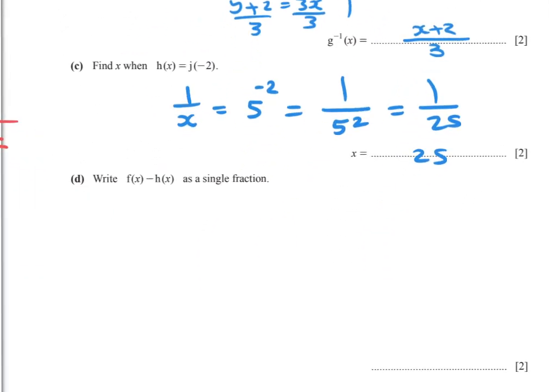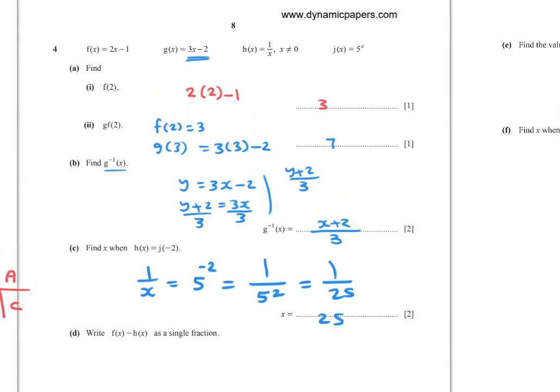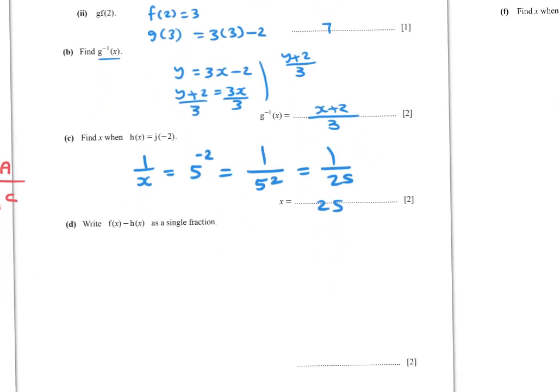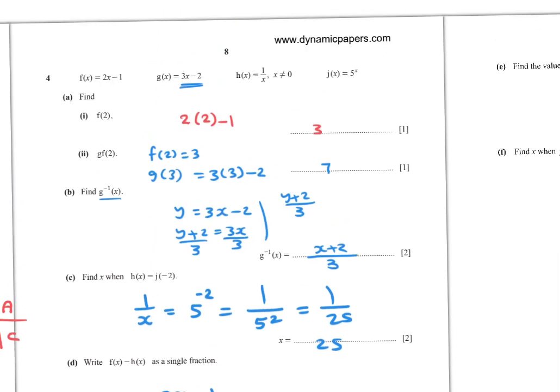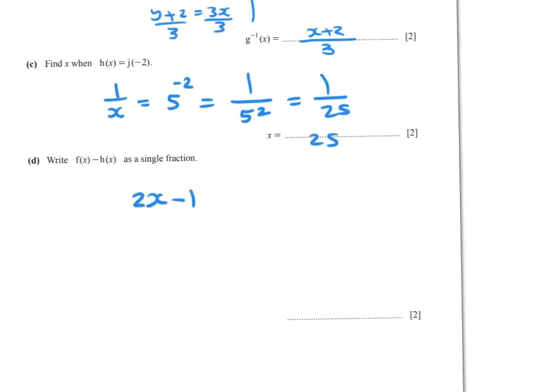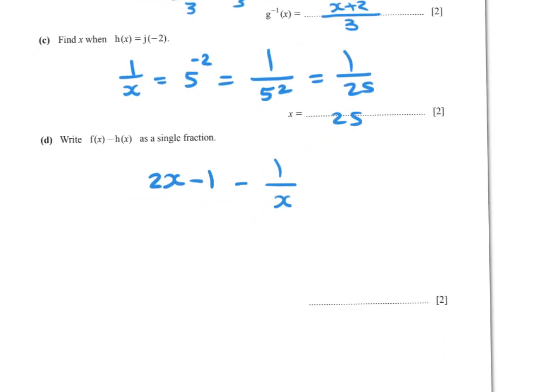Now for D, find f(x) minus h(x) as a single fraction. So f(x), which is 2x minus 1, minus h(x), which is 1 over x. Now how to write it as a single fraction? We can cross multiply.